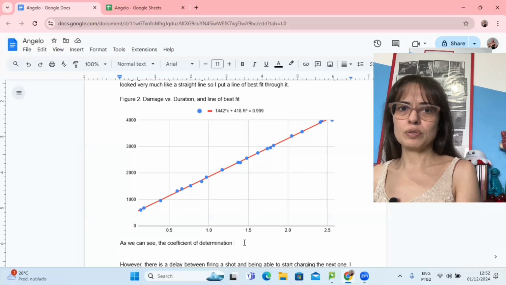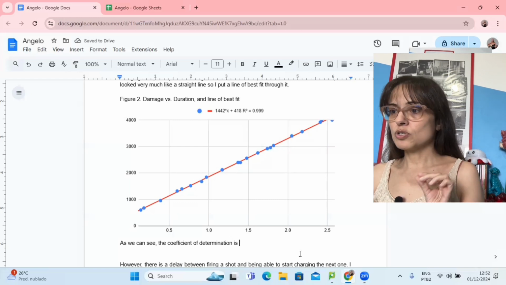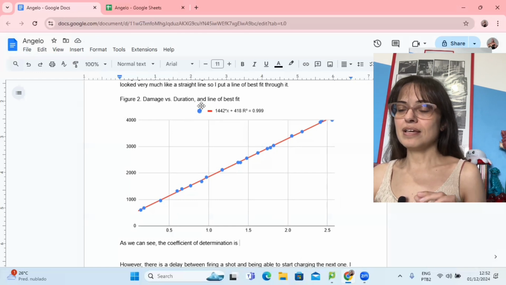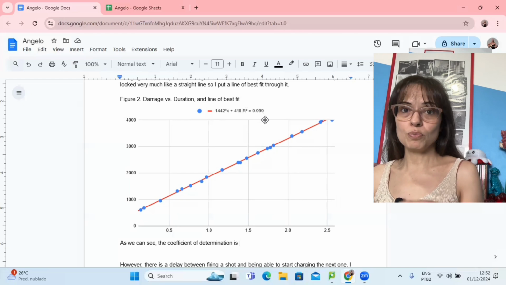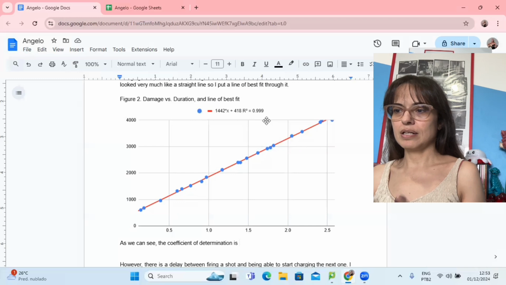And I'm not going to explain what the coefficient of determination is because I don't plan on using it for anything. But I do want to type R squared equals 0.999 in the correct way, because this thing here on the screen that came from Google Sheets is allowed to type like that. He's allowed to type like a calculator because he is a calculator. I'm not.